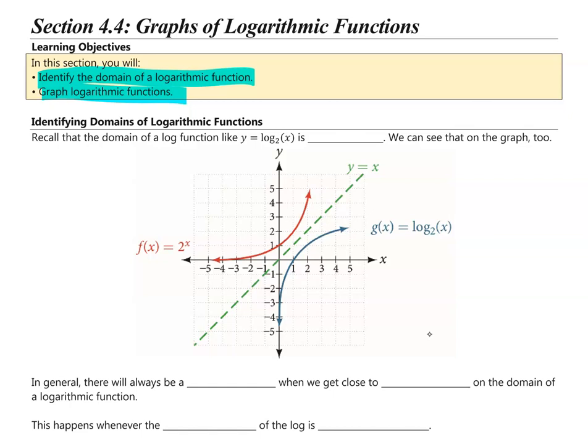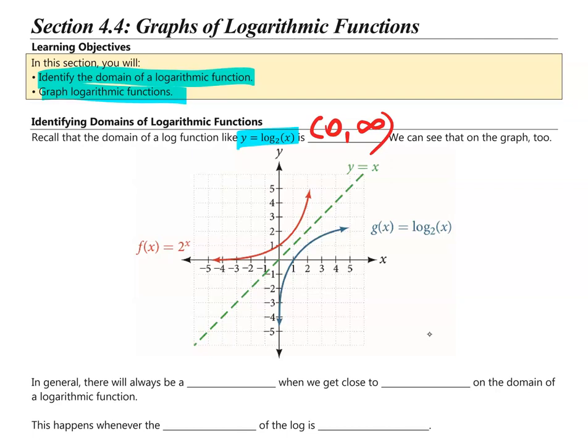Let's recall the domain of a log function, like y equals log base 2 of x. Yes, it's 0 up to positive infinity. So we can see that on the graph below, we did this last time in section 4.3 when we used Desmos.